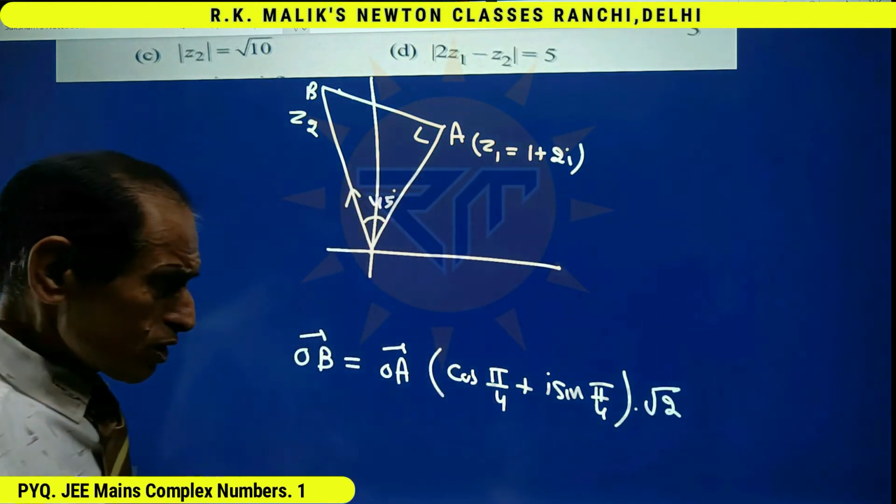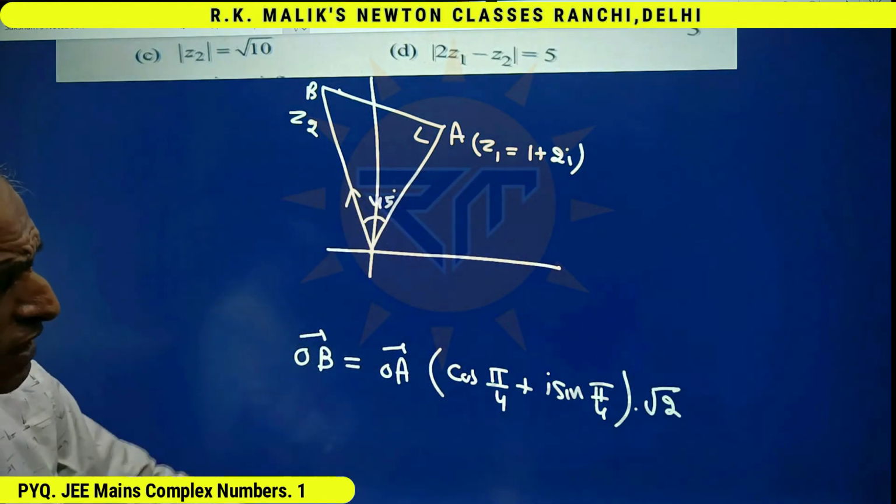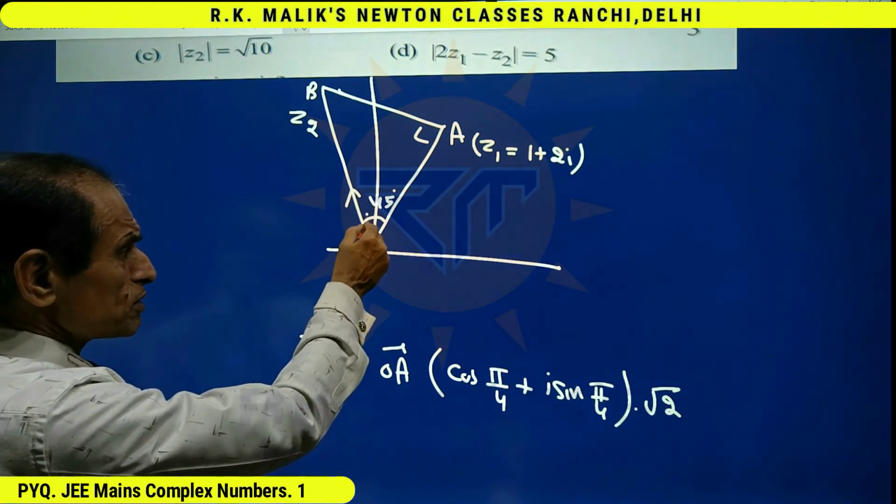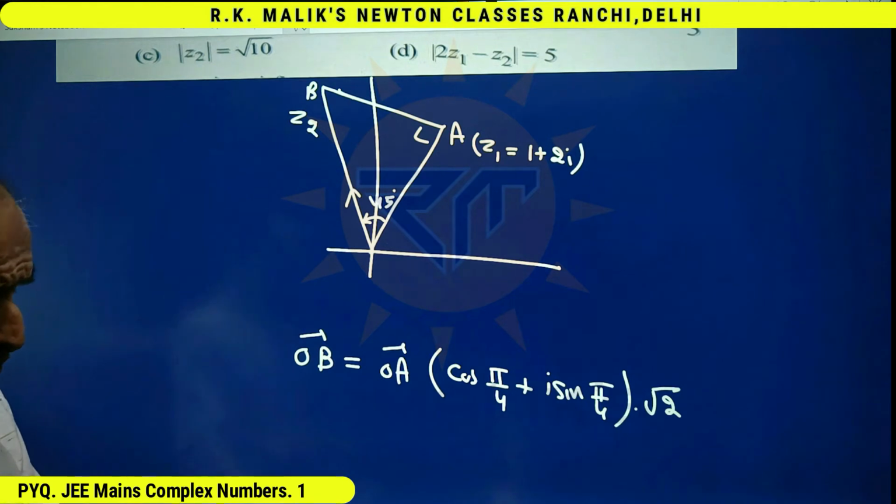Therefore, root 2 will come. Here the angle is positive because from OA to OB the direction is anti-clockwise.